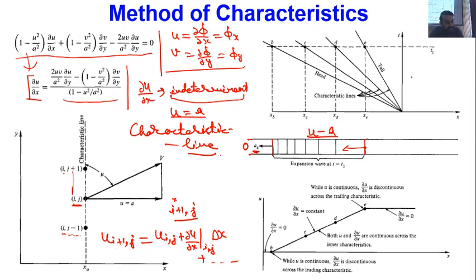If you see on the xt plane, I can represent these like this. This is my head shock wave and head expansion wave, and this is my tail expansion wave. For the head expansion wave I have the slope equal to a4, and for all others I will have the slope u minus a. Is this one clear?